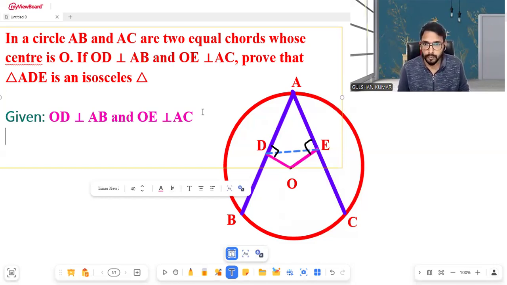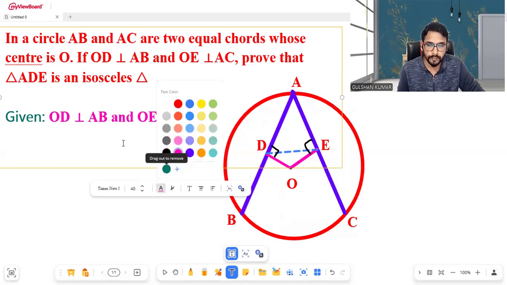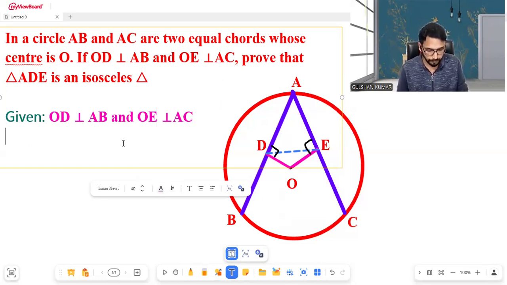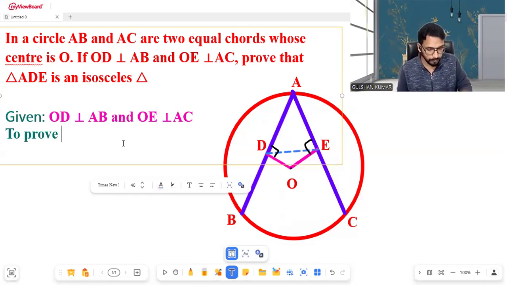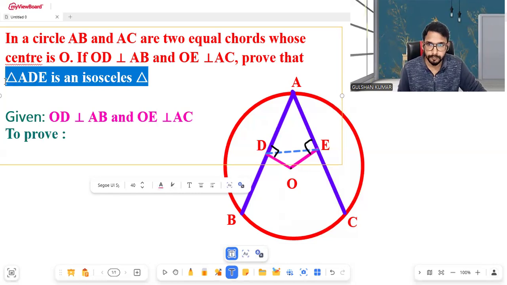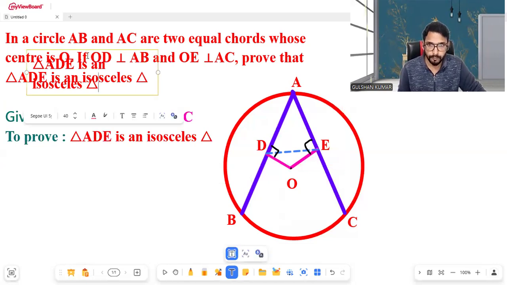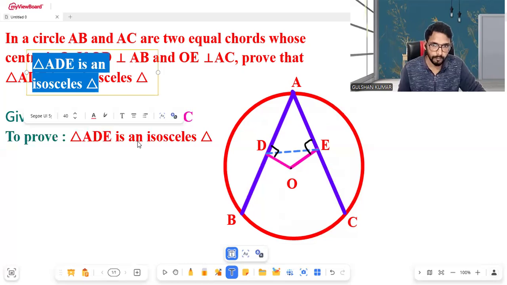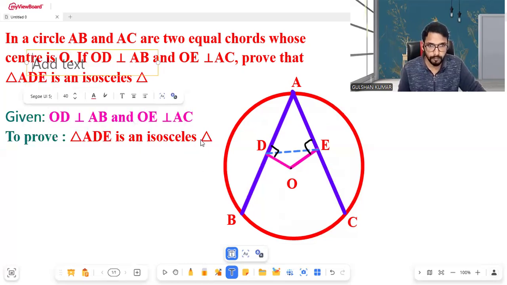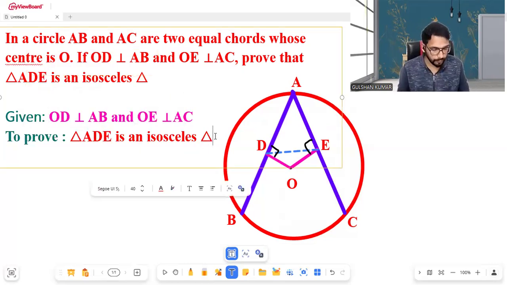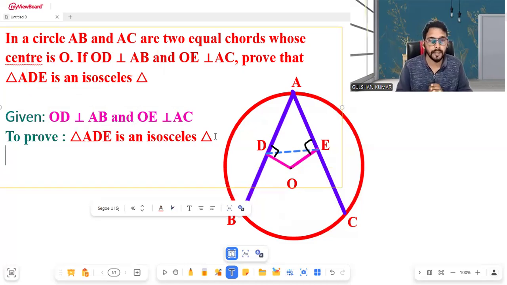And what we have to prove is that ADE is an isosceles triangle.